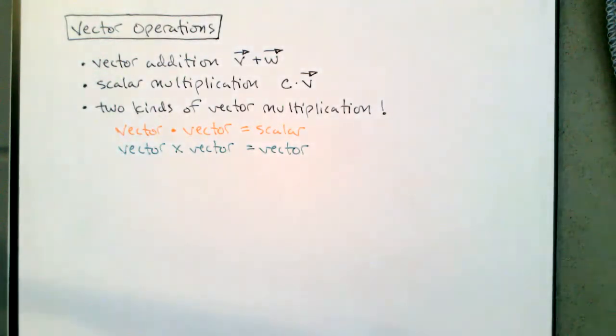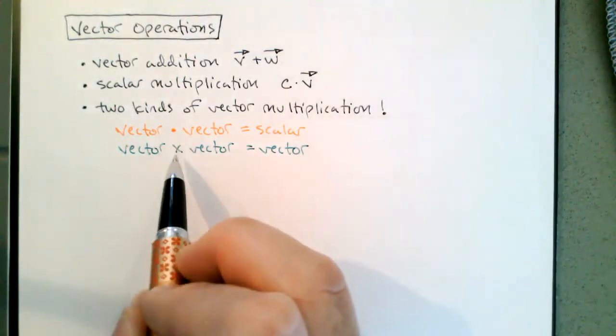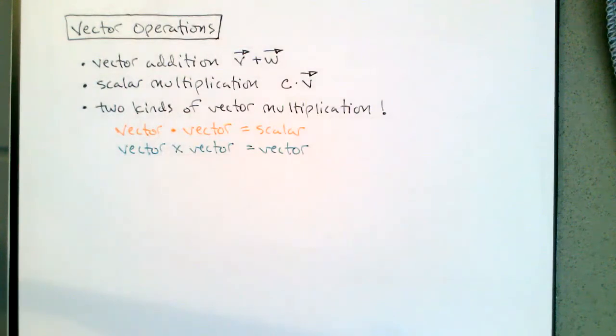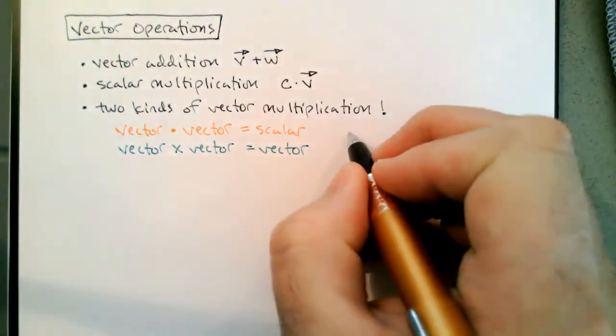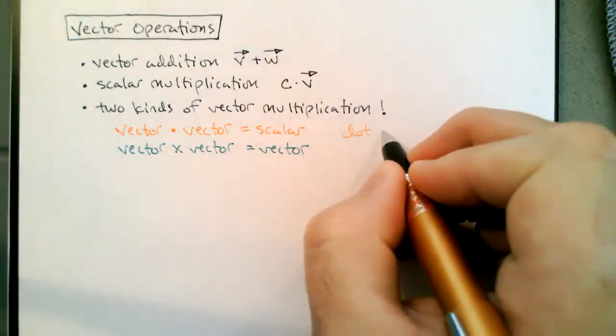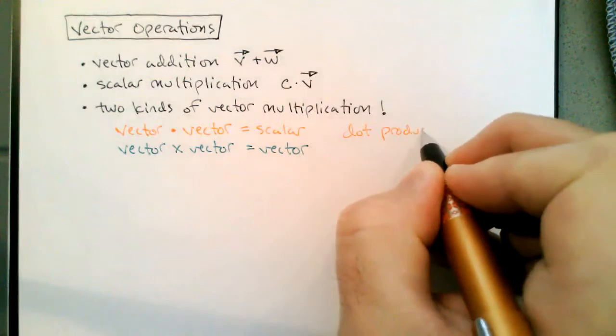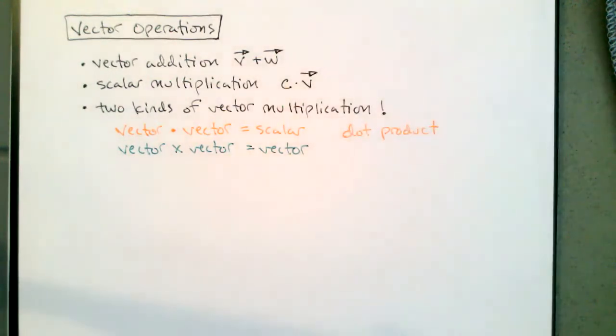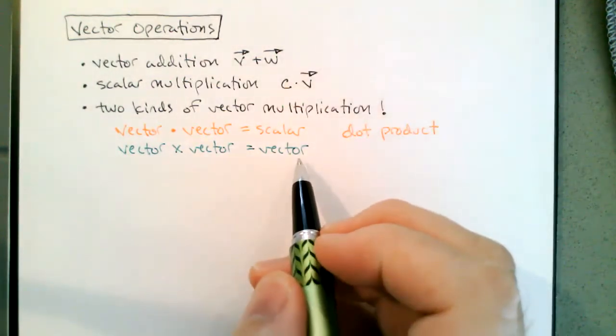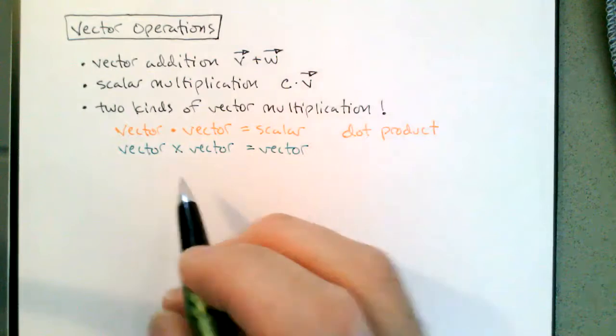The scalar product we refer to as a dot product, and the vector product we refer to as a cross product.